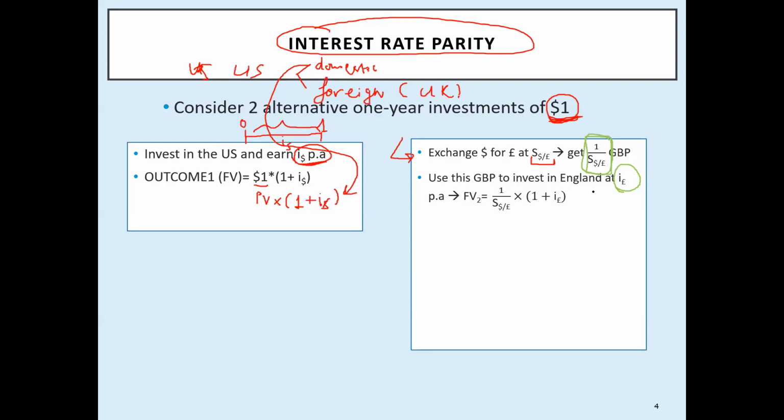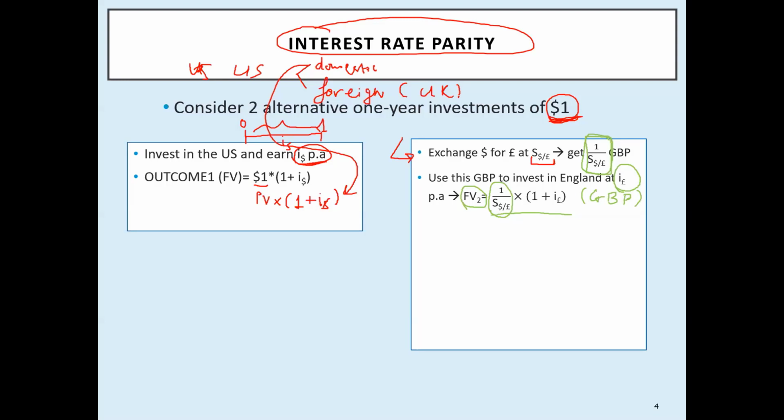I will invest in the UK and earn the interest rate in the UK for a horizon of 1 year. By the end of the year, I should get the future value of this. One point to note is that because I invested in the UK, I earn the pounds, so this should be a pound proceed.